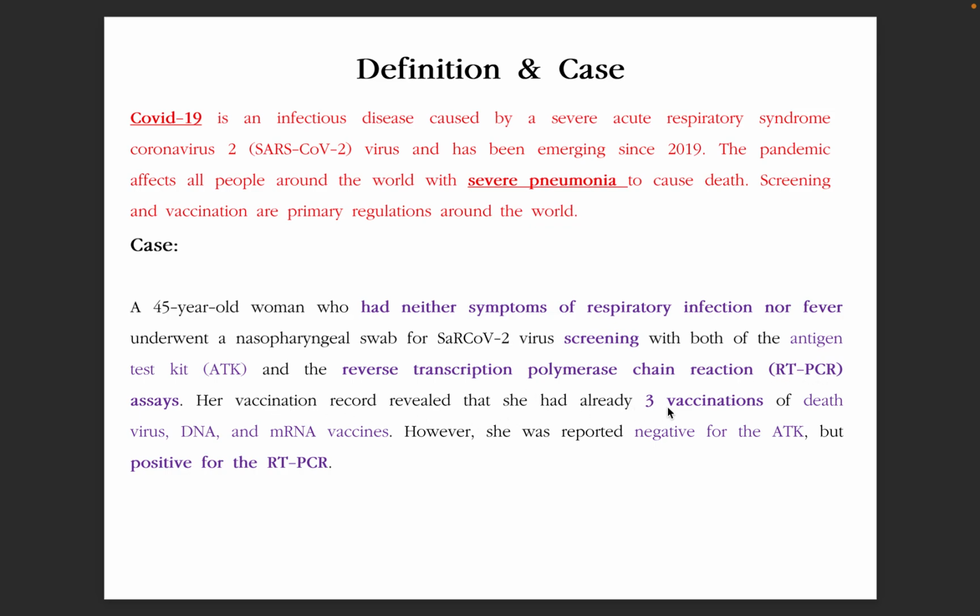She had three vaccinations of the dead virus, the DNA, and the mRNA vaccines. Finally, her screening results were negative for the ATK but positive for the RT-PCR. Such a confusing report.